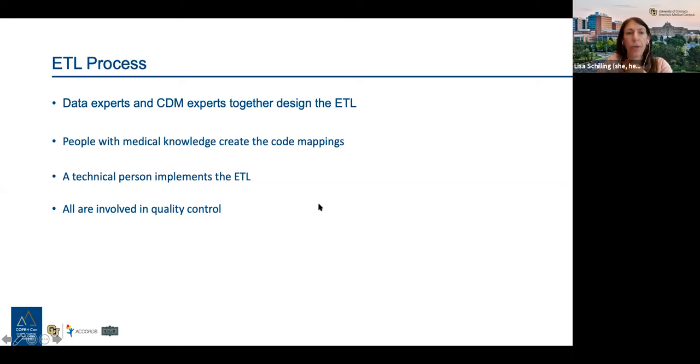And really, I think this process works best when we have both source data experts and common data model experts, and they really need to work together to design the ETL, to understand the semantics and the meaning of the information and which source information is the best to begin with. I think you really need people that have medical knowledge.